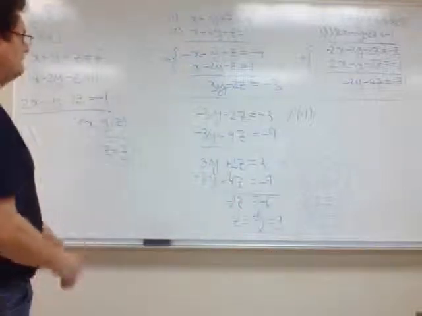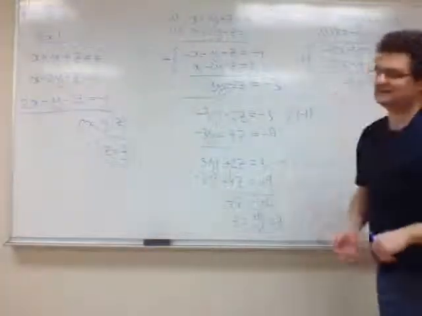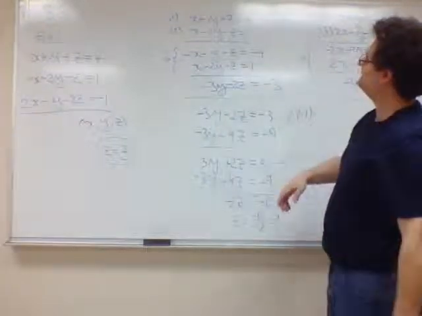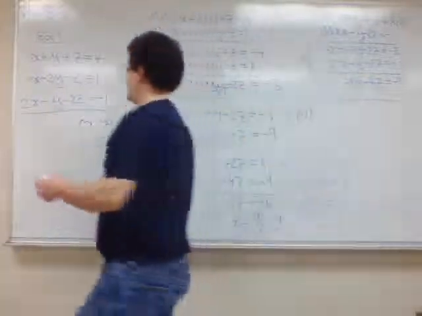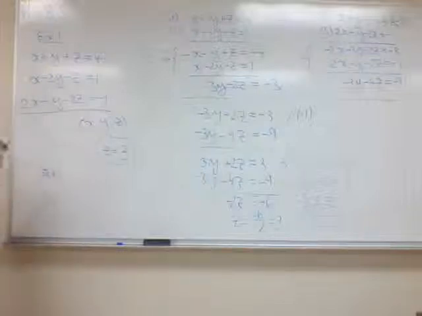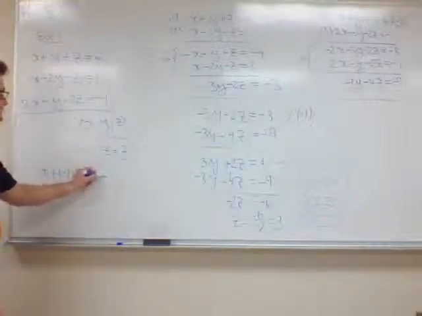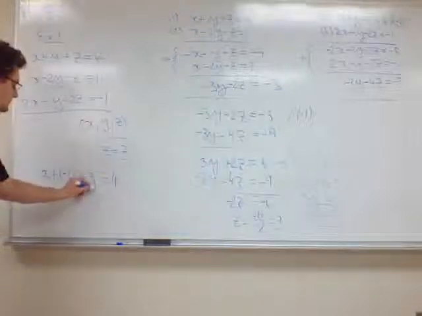And how do we find x? Well, go back to any of these equations where x appears. You obviously can't go here because there is no x here. But let's take this one, the first equation in this list. So we have x plus y, and y is negative 1, plus z, and z is 3, should be 4. And just find x. So minus 1 plus 3 is 2. So x plus 2 is 4.